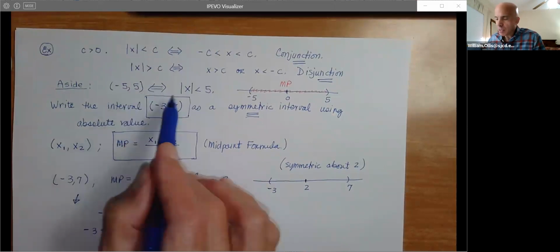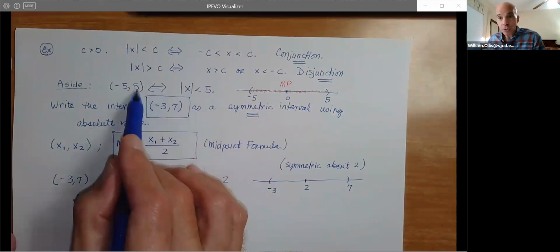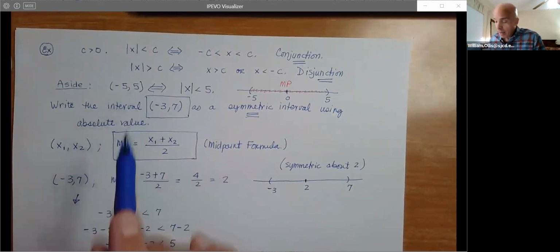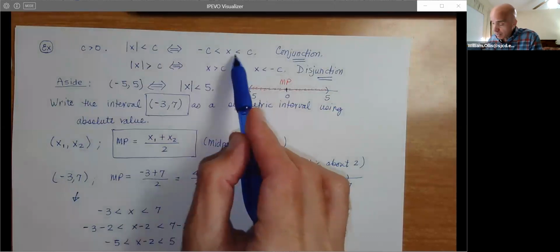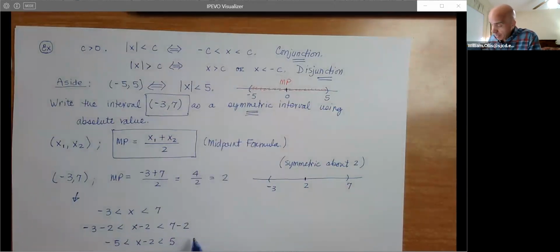There's no work to be done. You go automatically to this because there's your C right there. Now, the idea here is we had to do a little bit of an adjustment. So now when we look at this, we see the C is 5, and we just get the absolute value of x minus 2 is less than 5.